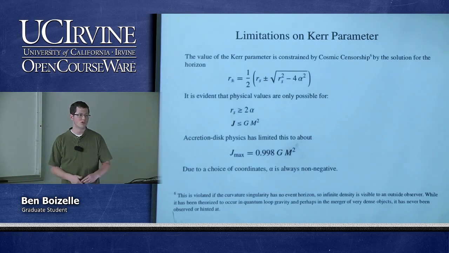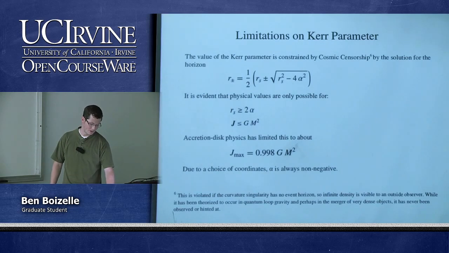When it gets close to 1, they're called extreme rotators or extreme Kerr black holes. And theoretical limits say that it probably gets to about 0.998 GM squared for the angular momentum of the black hole.